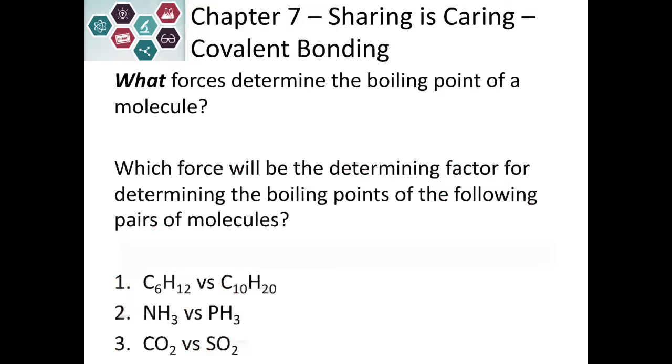Here's a couple examples where we're just looking at 2, and you need to figure out which is the key force that's the difference, and that will be the one that then determines the boiling point. So C6H12 versus C10H20. Anything that's a hydrocarbon, so just carbon and hydrogen in the formula, is always going to be nonpolar. And it also does not have hydrogen bonding. So the only thing that matters is the London forces and the size.